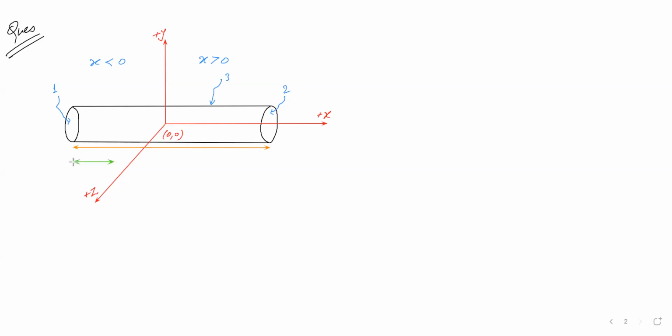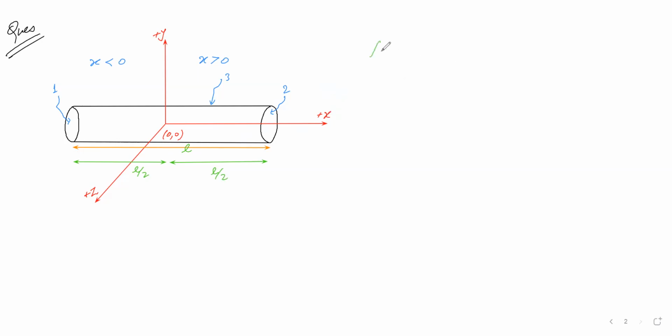It will be L by 2. This one is L by 2 and this also is L by 2. Okay. This is your L. Now we are going to solve it.